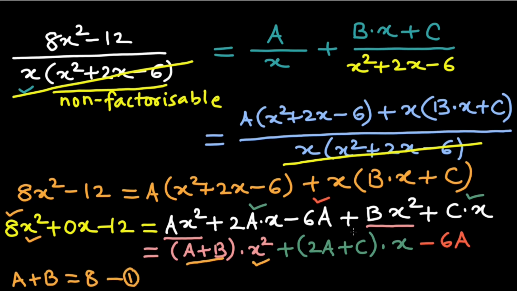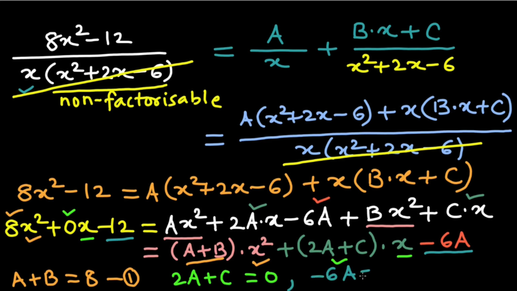Next, we will equate the coefficients of the x term on both the sides. So we will write 2A + C = 0. Next, we will equate the constant terms, which are −6A here and −12. So we write −6A = −12, which gives us A = 2.